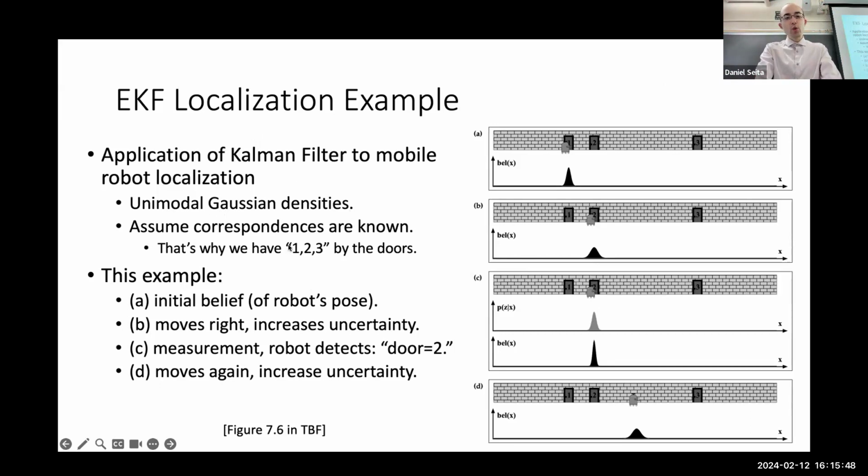Another thing that you might want to be aware of is that we're going to assume the existence of landmarks in the map, right? You can think of landmarks as fixed points throughout the map that indicate things the robot can use to understand where it is.